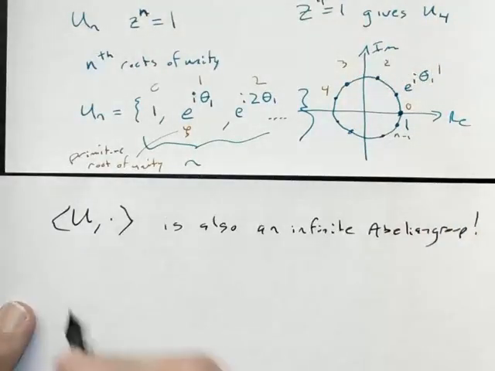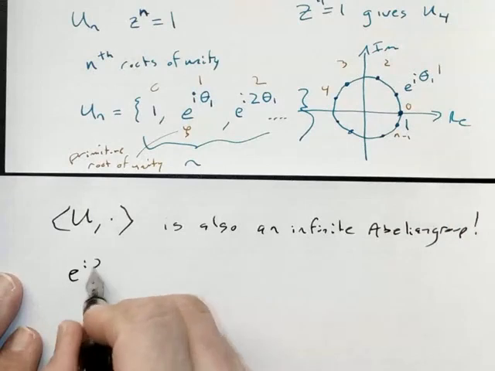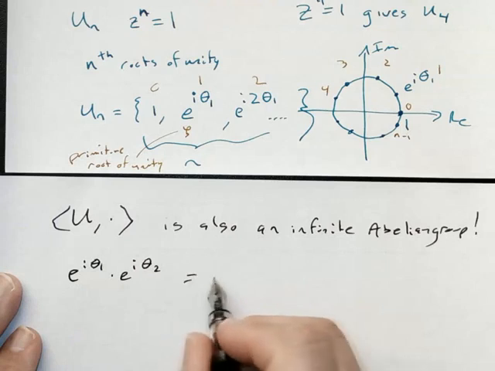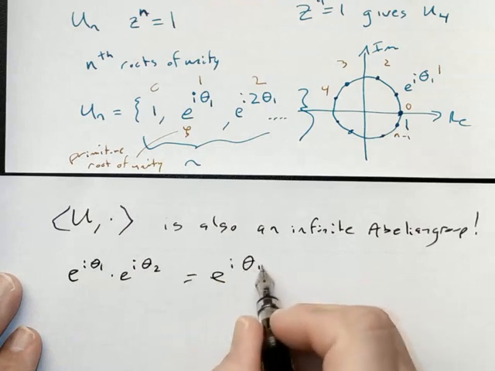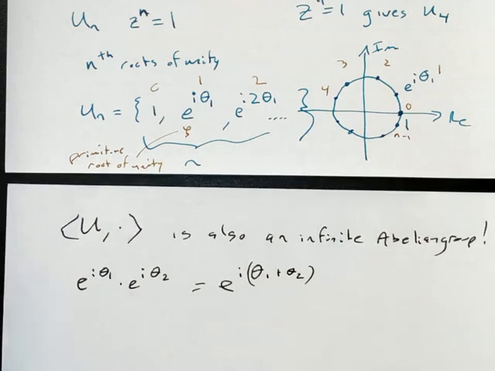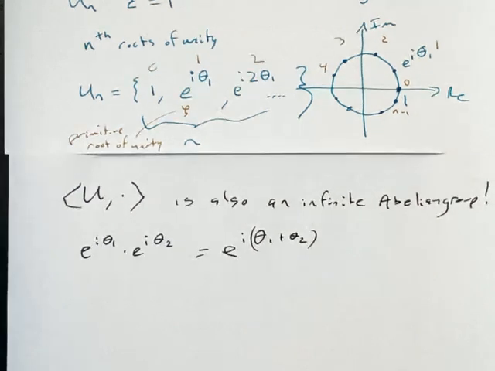Because if I have e to the i theta 1 and e to the i theta 2, and I multiply those together, I get e to the i (theta 1 plus theta 2), and that's still going to give me a spot whose radius is 1. That's still on the unit circle. I have an identity. The identity is 1. How do I do inverses?